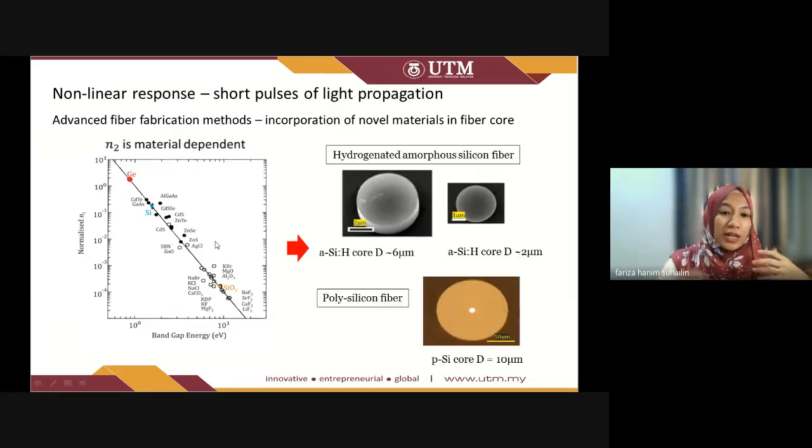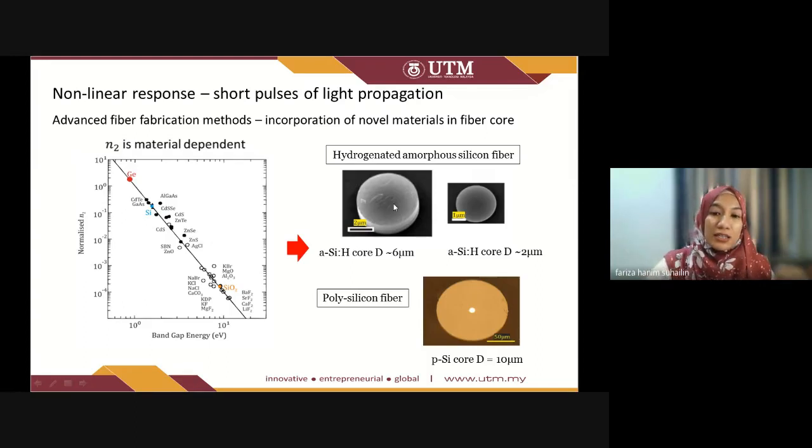So I'm very lucky that during the time when I did my PhD, I was able to work with these silicon optical fibers, where these fibers still maintain the step index design, so that you can easily splice them with conventional silica optical fibers.